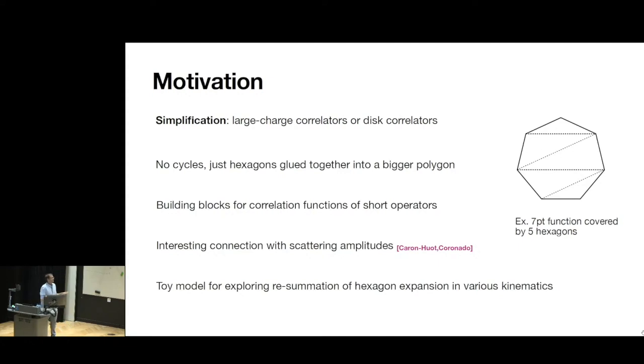I will not enter into the details, but this is something that we should keep in mind, and Frank and Simon are providing evidence that there should be some connection between this object and scattering amplitudes. Which connection precisely? Well, that's something maybe we should work out and make more precise. And again, this is a toy model for exploring this resummation because there are much fewer obstacles, I would say, or channels.